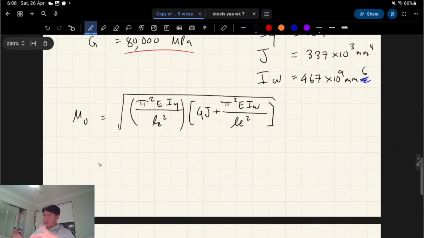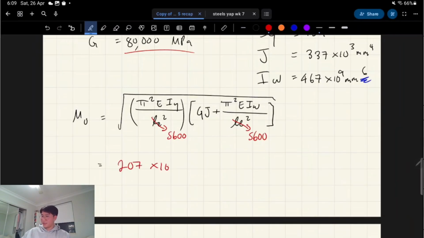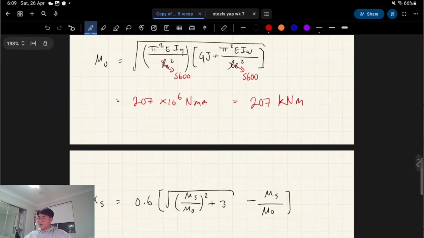So now we just plug everything in, keeping in mind that this is 5,600 millimeters. And when you plug that in, you should get 207 times 10 to the 6. Now that's in newton millimeters. So when you convert that to kilonewton meters, you have to divide it by 10 to the 6, giving you 207, right?